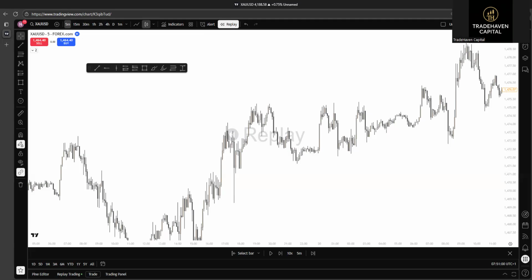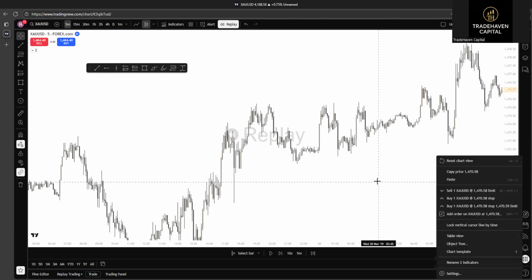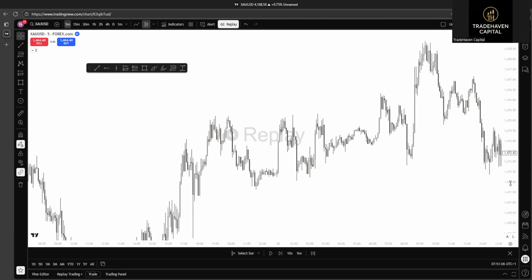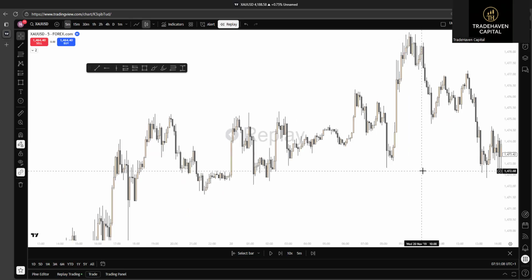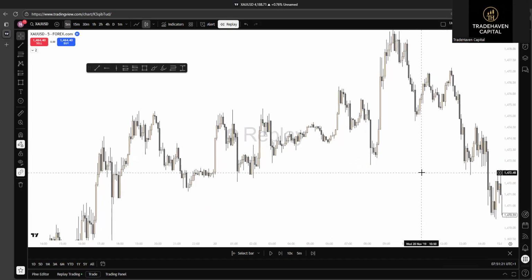Now, starting from the beginning, what is market structures? In simpler terms, I would say market structures is simply the natural pattern of swings the market creates as it moves, right? In other words, market structures is the way that price moves.